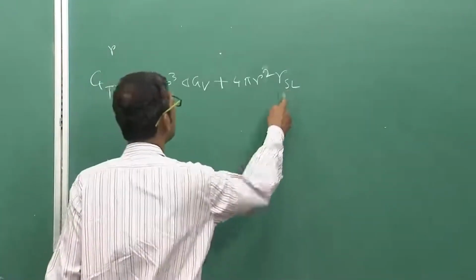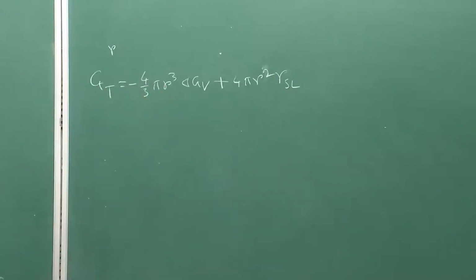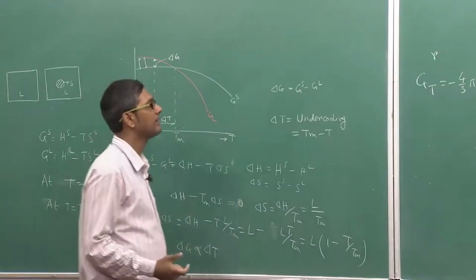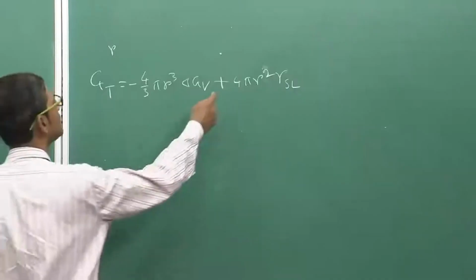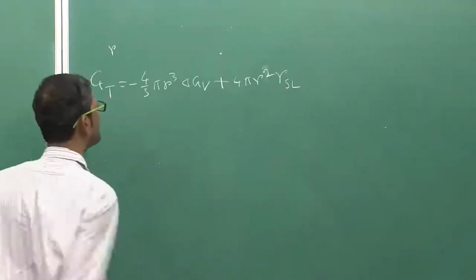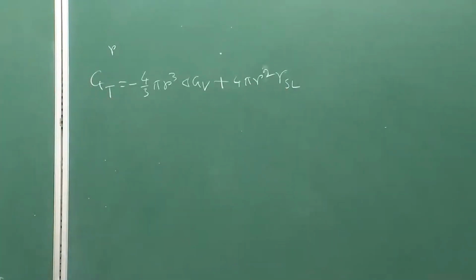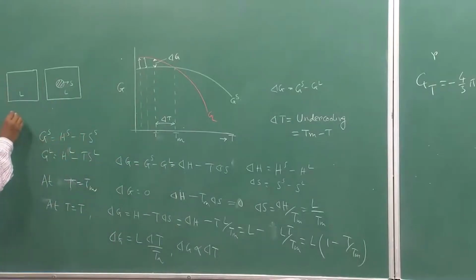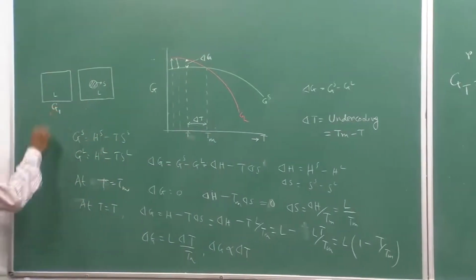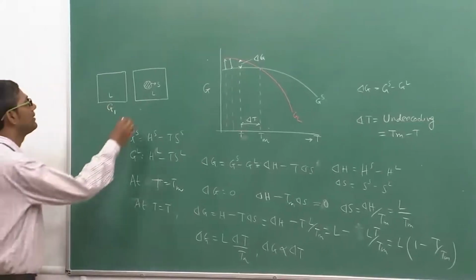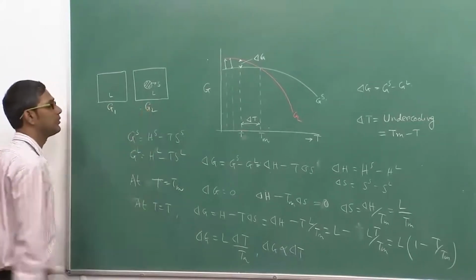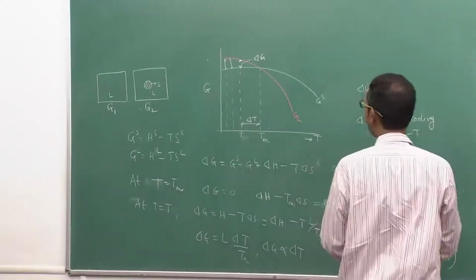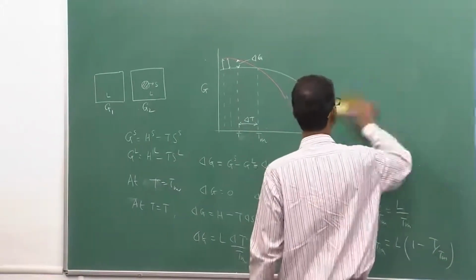It has to be multiplied by the interfacial energy, gamma SL. Or let us do it in a slightly different way. Let us suppose one configuration has a free energy of G1 and the other has a free energy of G2.